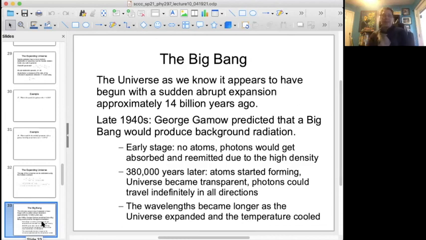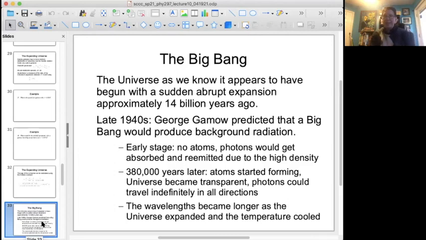And in the late 1940s, George Gamow predicted that you can observe traces of the Big Bang from background radiation in the cosmos coming from all directions. So in the early stages of the Big Bang, there'd be no atoms, and the photons would get absorbed and re-emitted due to the high density.